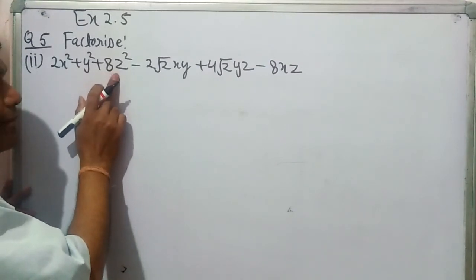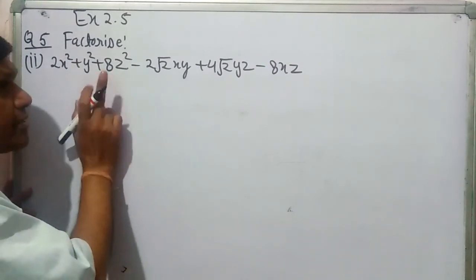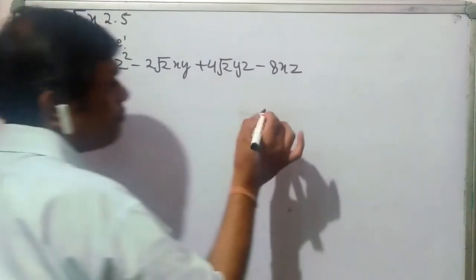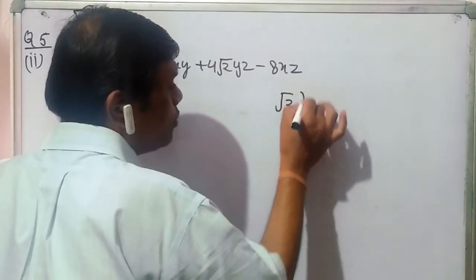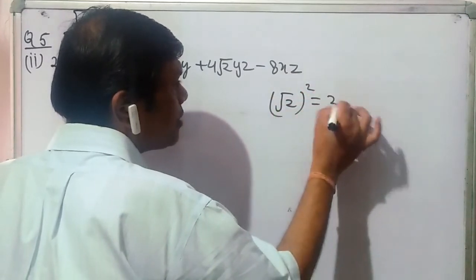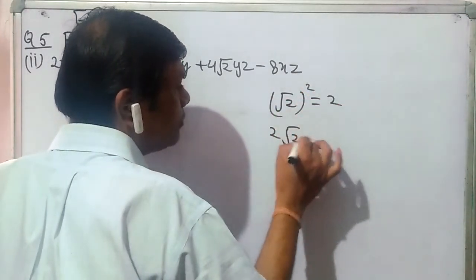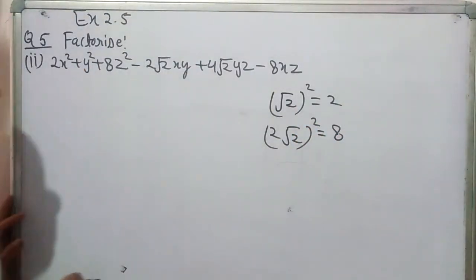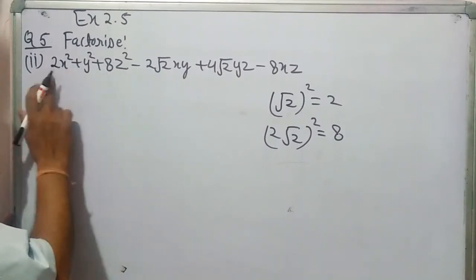This 8 can be taken as twice root 2 square. Root 2 square is 2. Twice under root 2 square is 8. So we can use these two things over here.